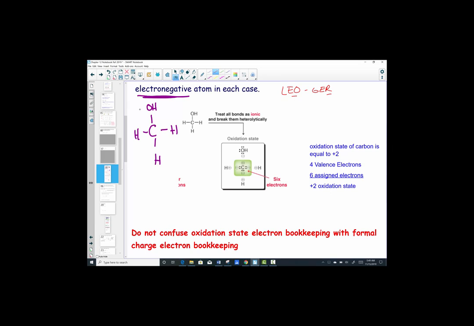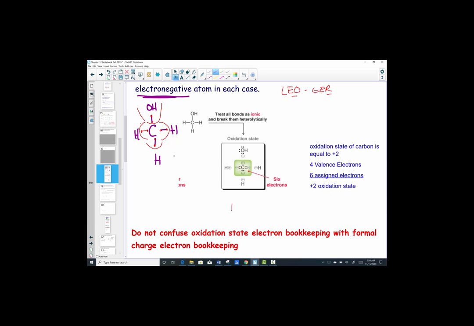We assign both electrons to the more electronegative element. In this shared pair, oxygen is more electronegative, so it receives both electrons. Between the CH bond, which is a very close call, carbon is more electronegative than hydrogen, so we cleave the bonds heterolytically, meaning all of the electrons in the CH bond are assigned to the carbon. That gives us 1, 2, 3, 4, 5, 6 assigned electrons around the carbon.